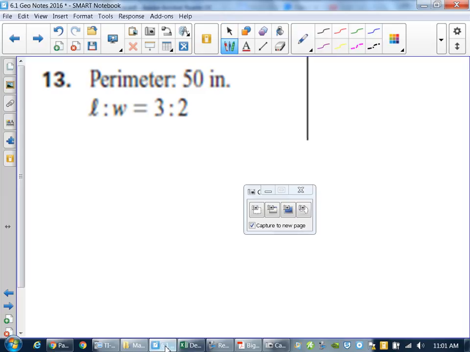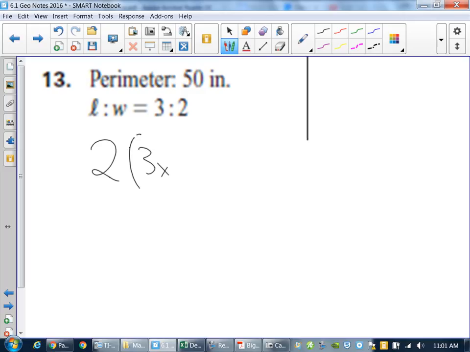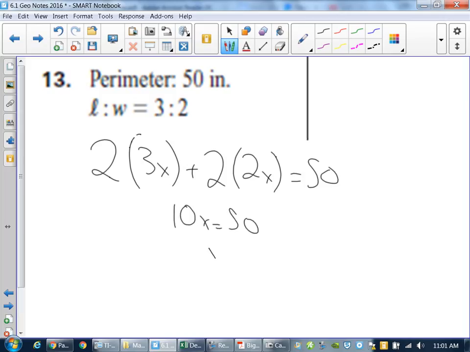So remember when you write this one out, same thing. Twice the length plus twice the width is 50. And your side lengths are 15 and 10.